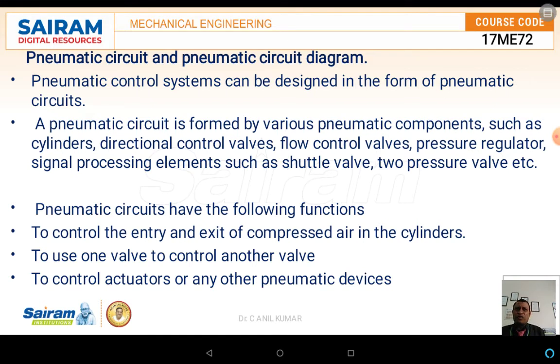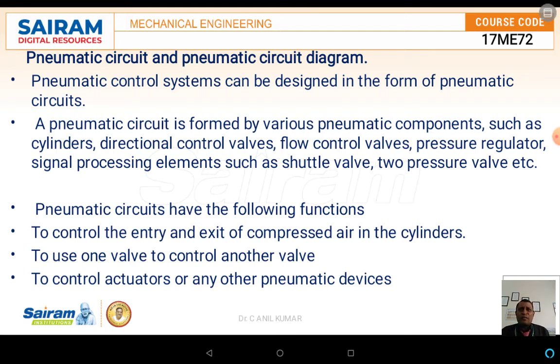These valves may be a direction control valve, a flow control valve, a pressure regulating valve, a shuttle valve, or many other types. These valves are used for designing the circuit and also in the circuit to get the exact output.